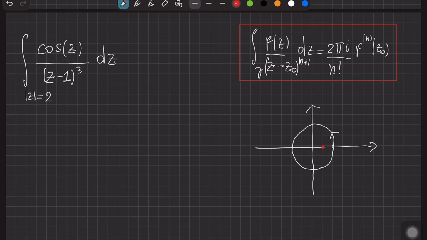Again, as before, we can use our generalized Cauchy formula, and we have our analytic function f of z, which in our case is the cosine of z in this domain, divided by z minus z0 to the power n plus 1. So for us in this case, n plus 1 is exactly equal to 3, which means that n is equal to 2.